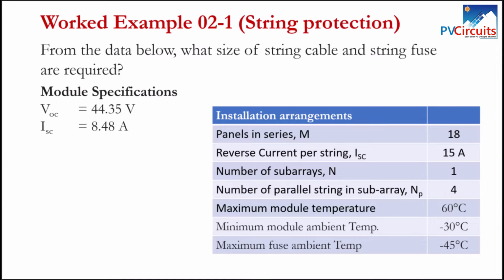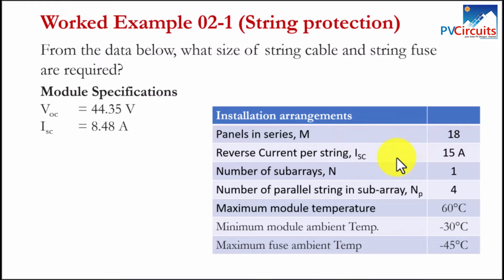In this case, we are being asked what is the size of string cable and string fuse if we have the following data. We are told that the VOC is 44.35, ISC is 8.48. The number of modules in series in the string is 18.